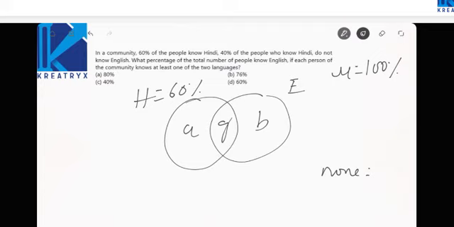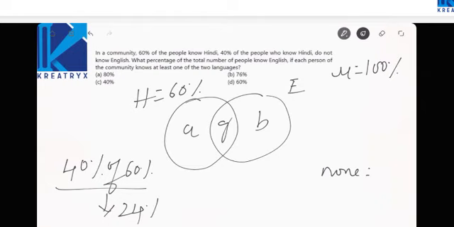That is 40% of the 60%, right? 40% of the people who know Hindi, Hindi means 60, will be equal to 24 percentage. Do not know English means A value. These are the people who know Hindi but do not know English. So this is 24. Automatically, if this is 24, G value will be 36.